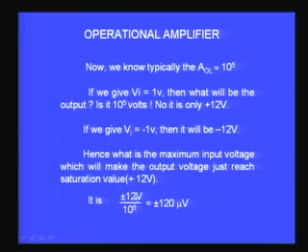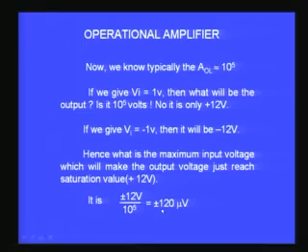I have multiplied numerator and denominator by 10 to make it 120 by 10 power 6 volts, and 1 by 10 power 6 is 10 power minus 6, that is nothing but microvolt. Therefore, what I get as the limits of the input voltages between the two input terminals is plus or minus 120 microvolt, as you can see.